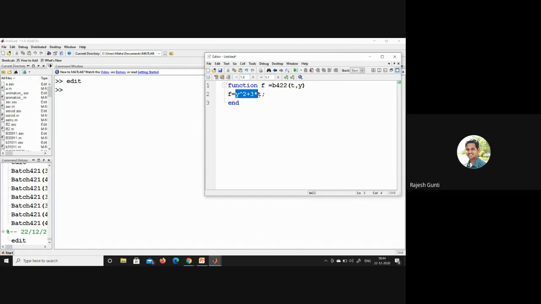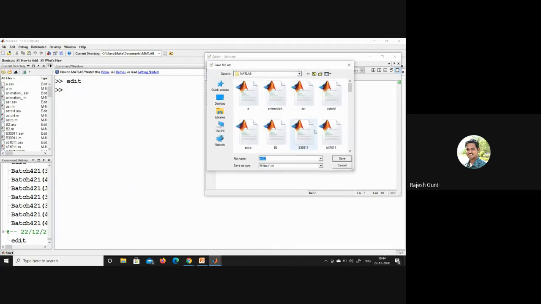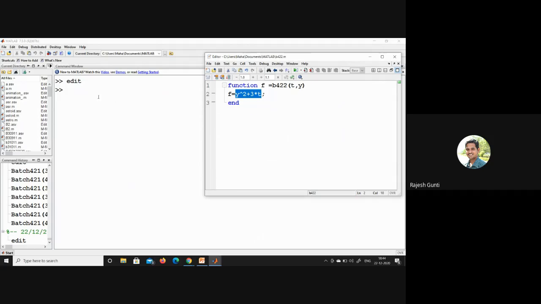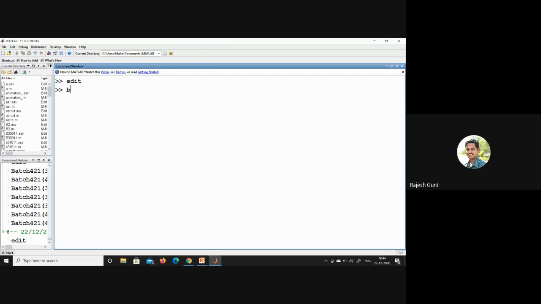If you call this function, it takes y square plus 3t. Am I correct or not? I am saving this file. If you have any doubts, I will tell again. My file name is B422. If you call B422 with t equal to 1 and y equal to 4, it calculates y square plus 3t.